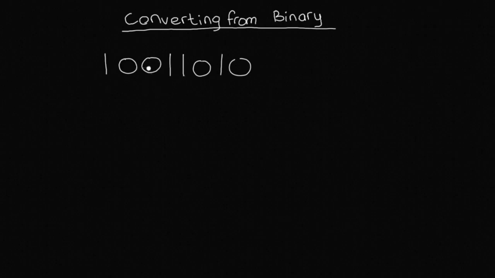And what we want to do with these 8 bits is find out what number this actually is in the base 10 system that we're normally dealing with. So if you remember from our last video, when we worked with binary, we needed to look at the power of 2. For each of these digits here, they're associated with a power of 2.